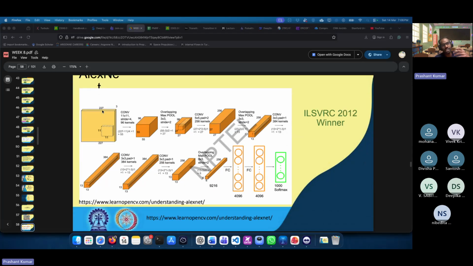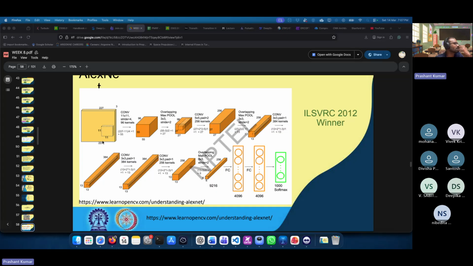We only care about classification, so we only care about the features, and features means edges or curvature and everything. In this case, I am creating an 11 cross 11 kernel, my stride is 4 with no padding. In that case, I will get an output of 55 cross 55, and I am creating 96 such kernels, so I will get the dimension of 55 cross 55 cross 96.